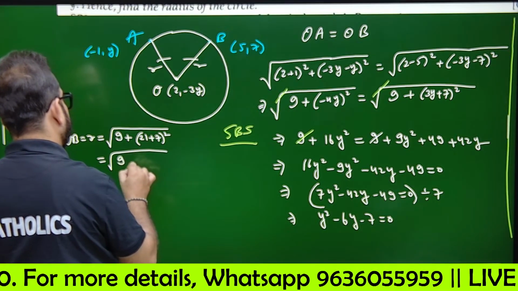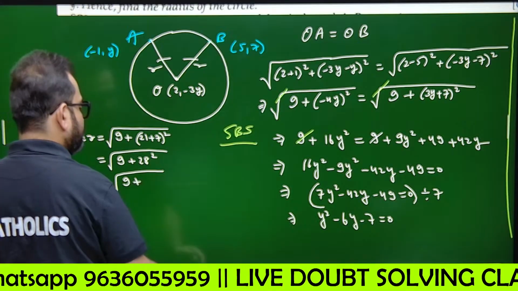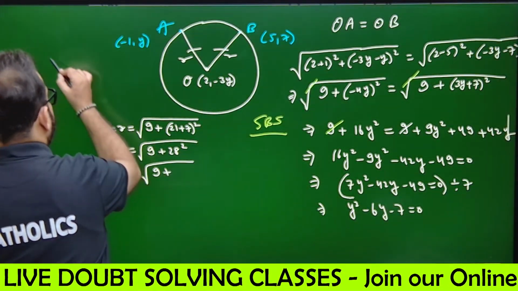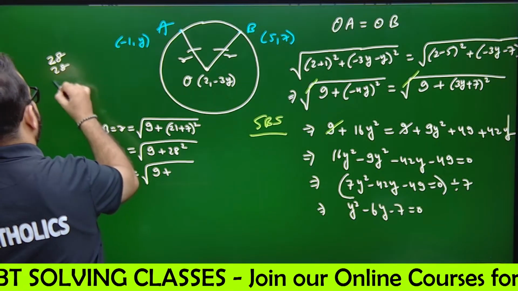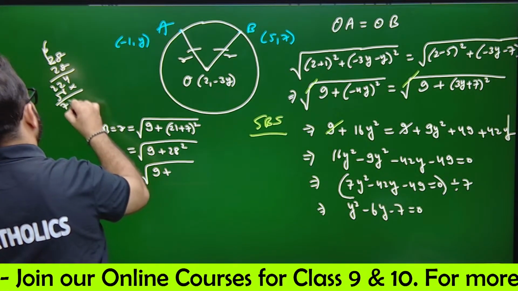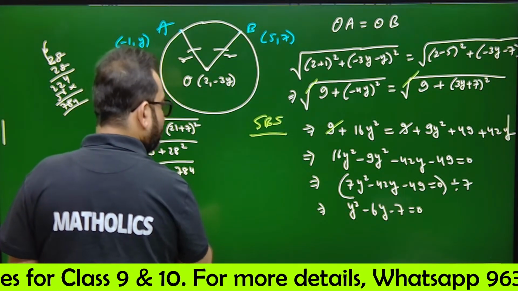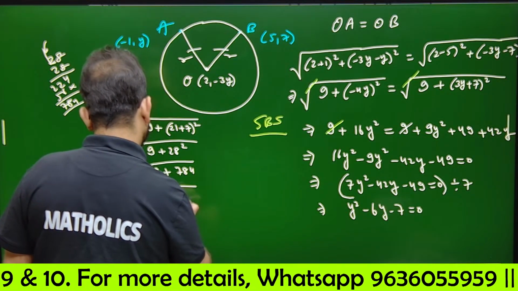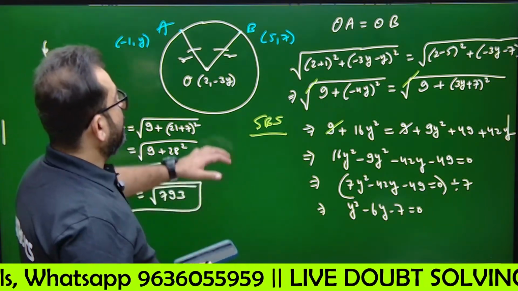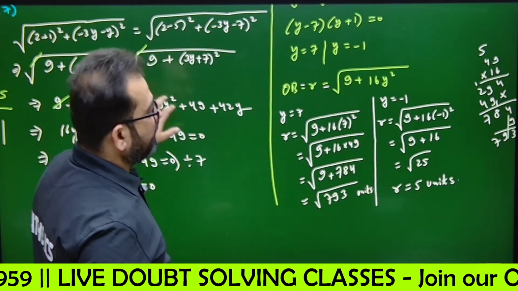So under root of 9 plus 28 square. 28 square is 784, which we just got. Check it: 8 8s are 64, 8 2s are 16, 28 square is 784. So it will be under root of 793. So the radius has two answers, and y also has two answers.